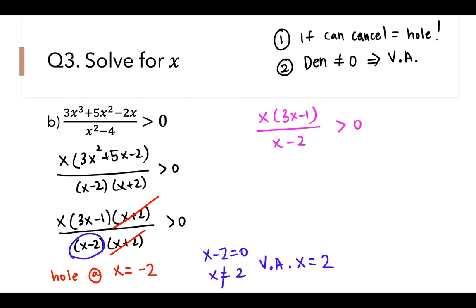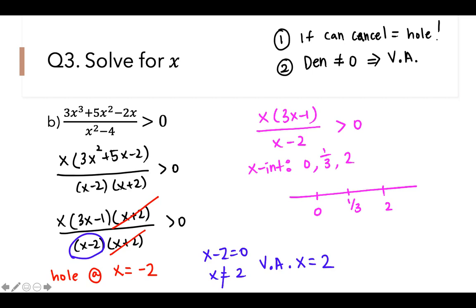Then you are going to find the x-intercepts. The x-intercepts are 0, 1/3, and 2. Again, let's figure out the zeros from small to big: 0, 1/3, and 2.